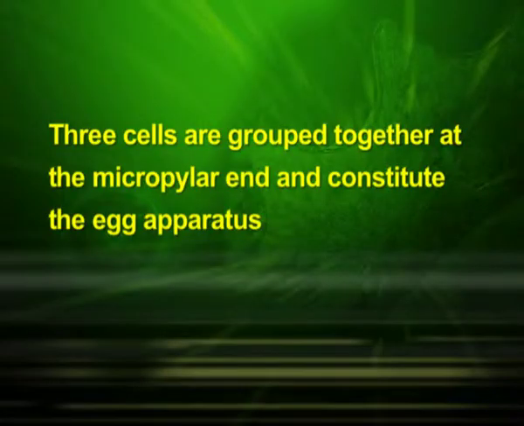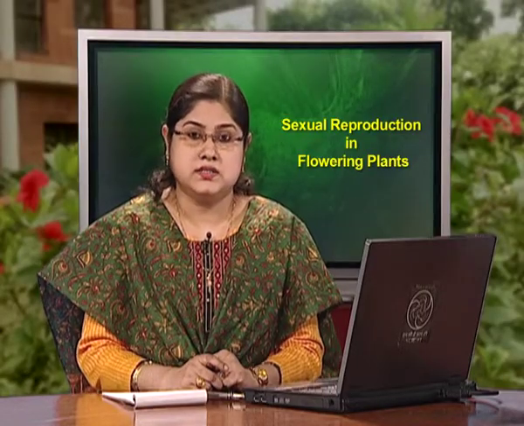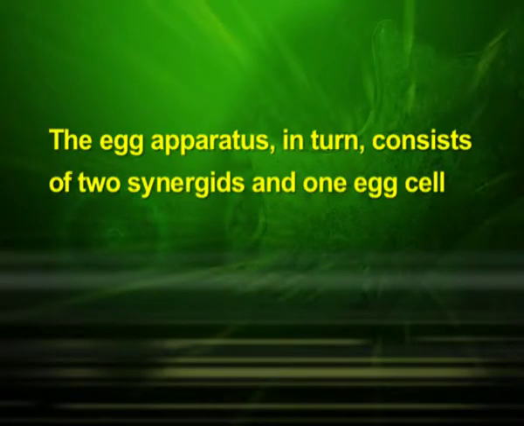3 cells are grouped together at the micropylar end and constitute the egg apparatus. The egg apparatus in turn consists of 2 synergids and 1 egg cell.